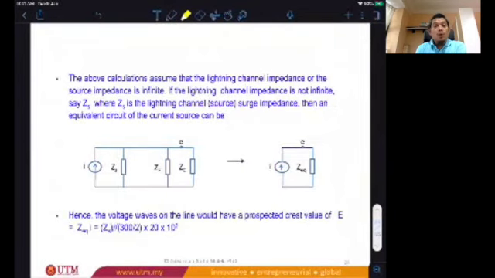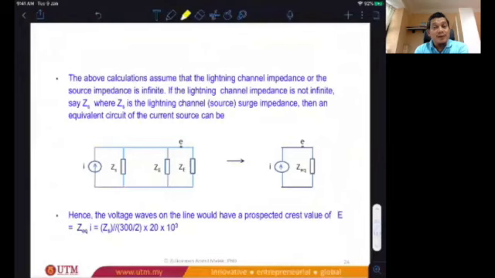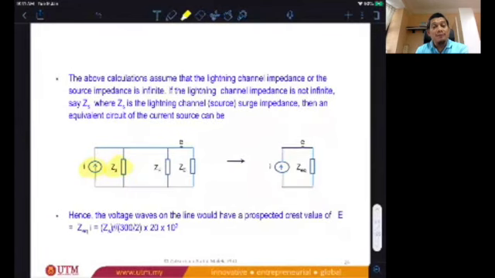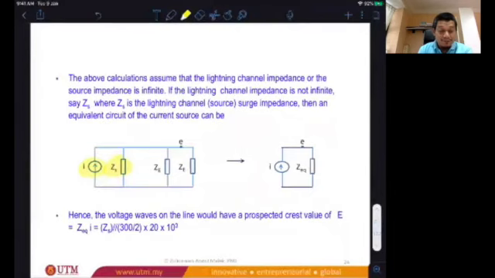Now, you can model the lightning strike by just I, or to be more accurate, I in parallel with its surge impedance, ZS, because it's an ideal current source. So this is also normal. We have what we call the equivalent circuit for lightning for a current source, just a current in parallel with the ZS.